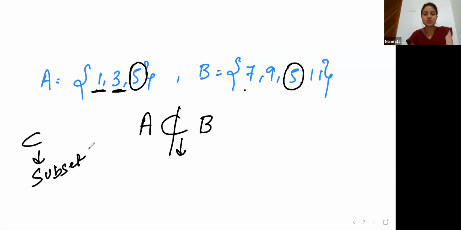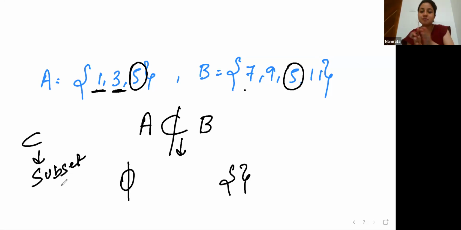Let's do a few questions. And yes, one more thing: the empty set. We represent the empty set either by just curly brackets or by the symbol ϕ. The empty set is a subset of every set. So we can say ϕ is a subset of A and ϕ is a subset of B also.